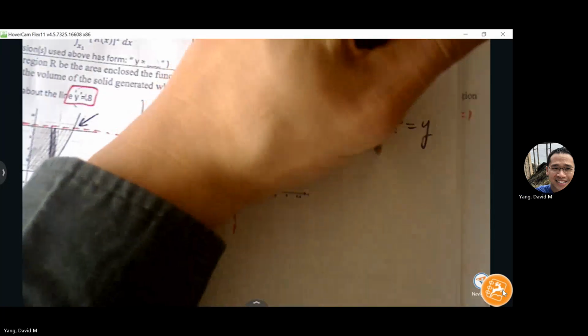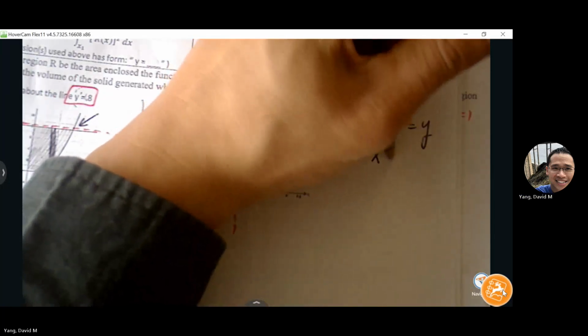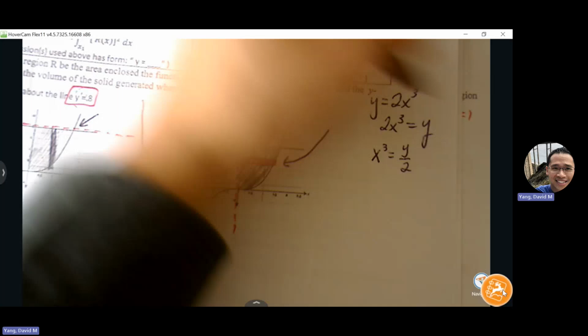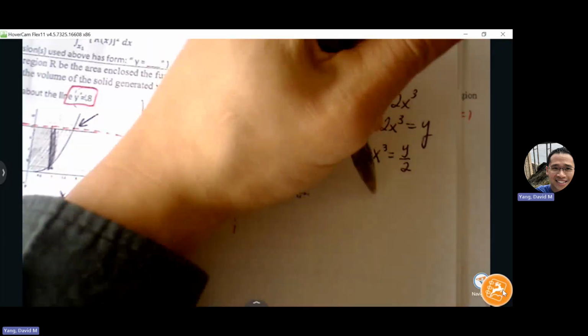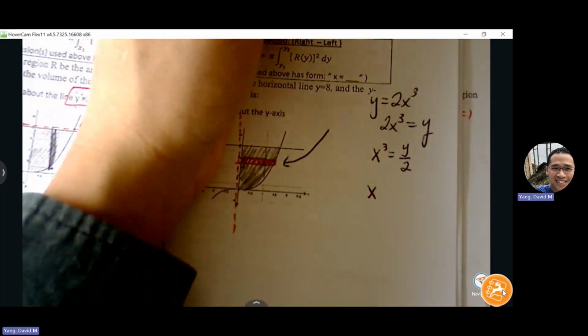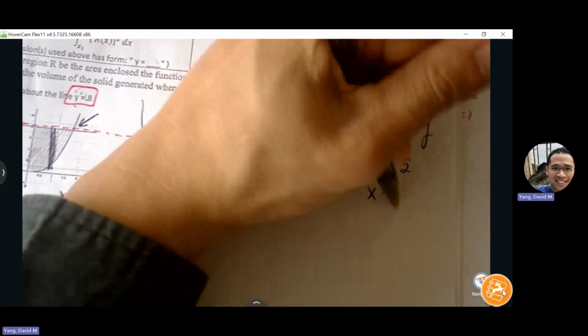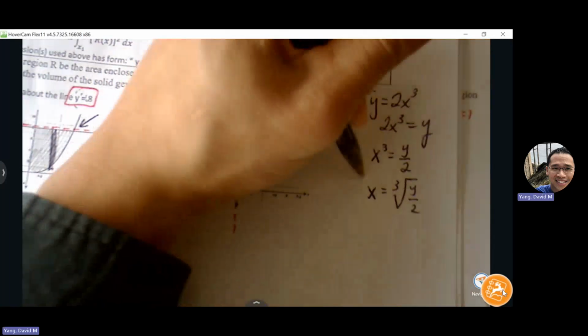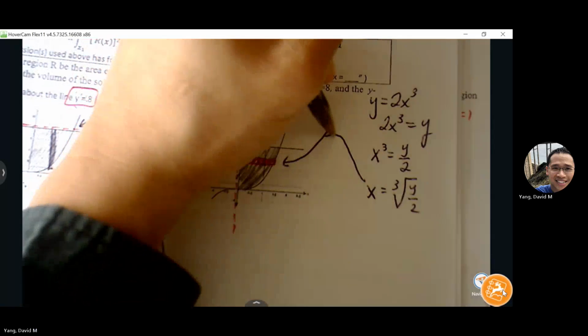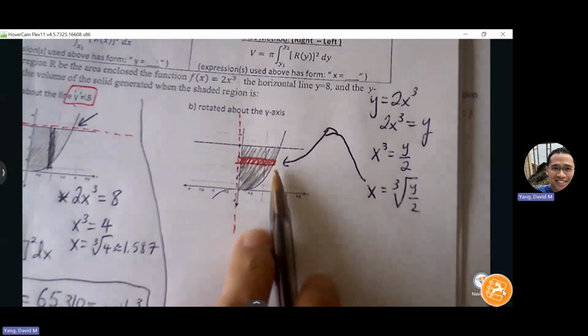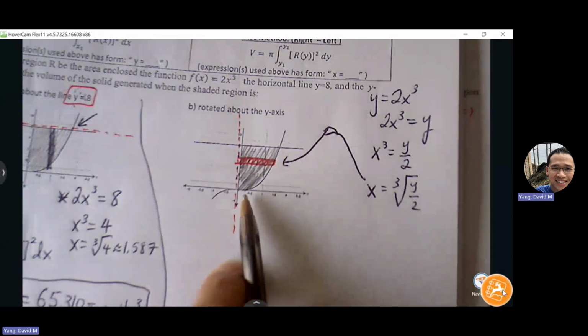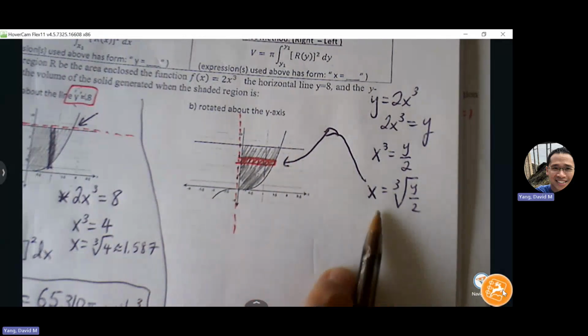Divide by 2. And then cube root. So it looks a little messy. And also there's no plus or minus with cube root. So it's just going to be the cube root of y over 2. And that will be representing this cubic function here.